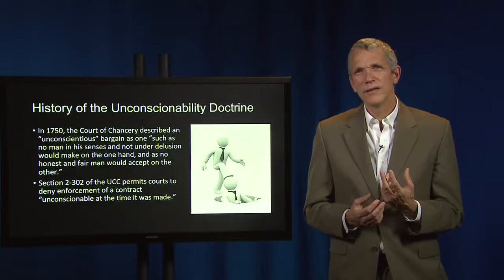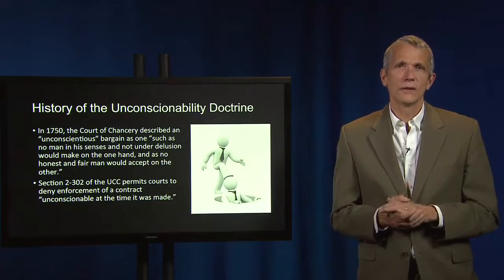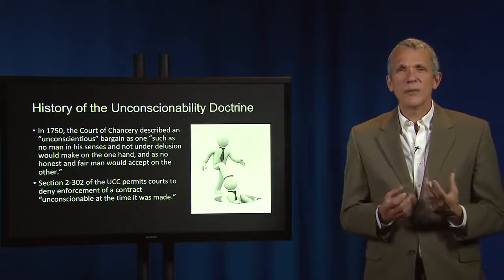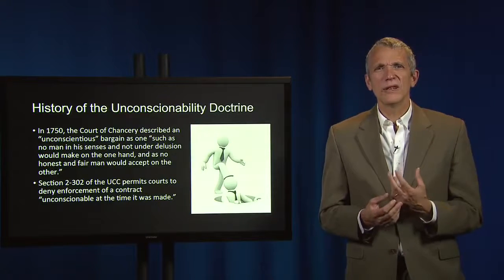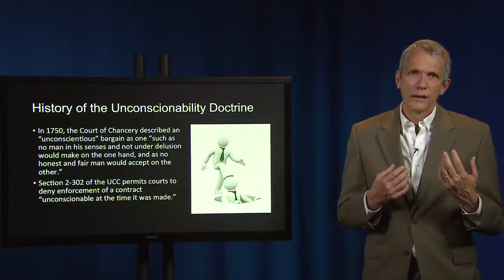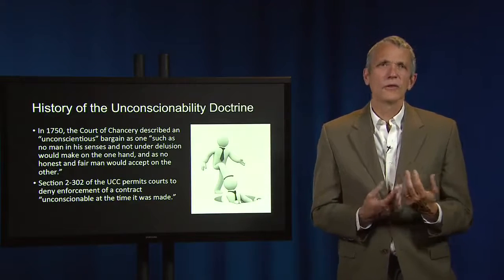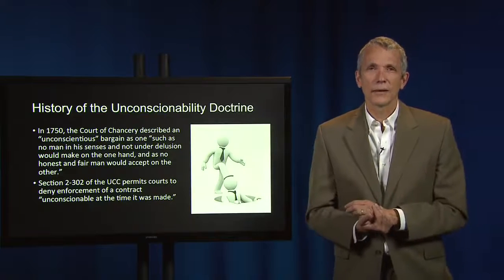This quotation is suggestive of what I earlier described as the Aristotelian inversion. Some bargains are so substantively unconscionable that there must have been some procedural defect in their formation. One of the parties must have been not in his senses or under delusion or somehow tricked into the contract.